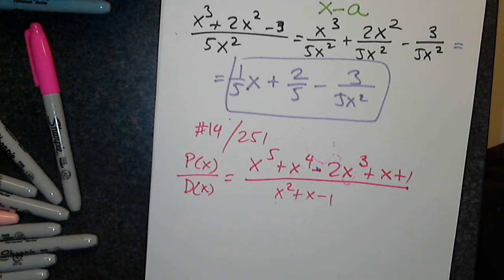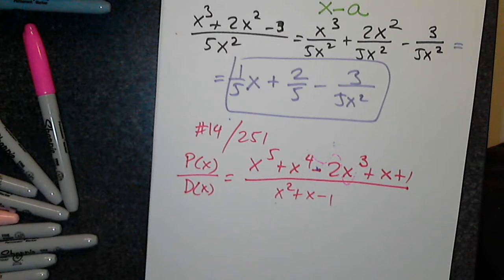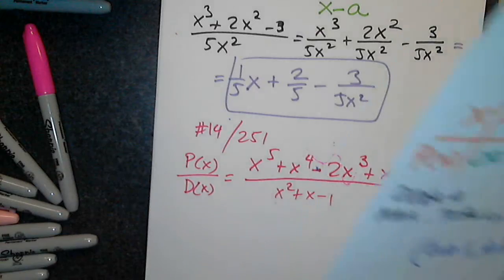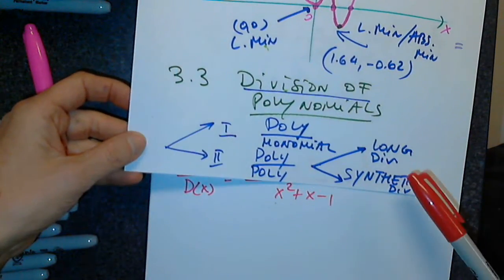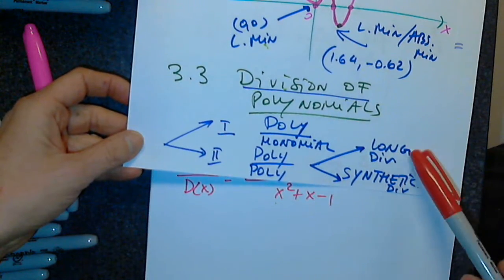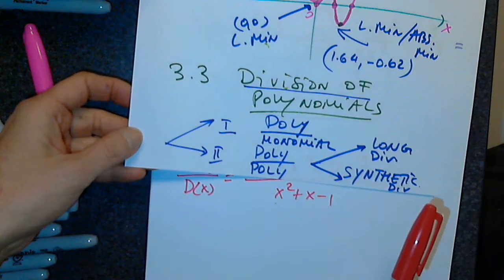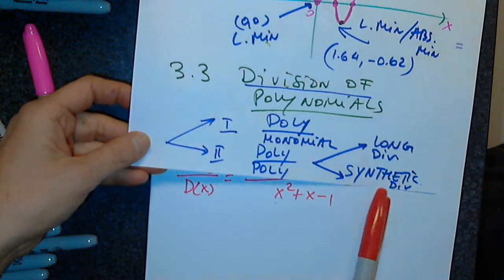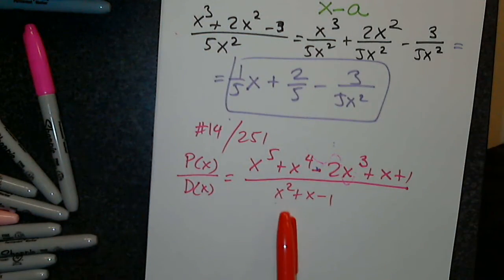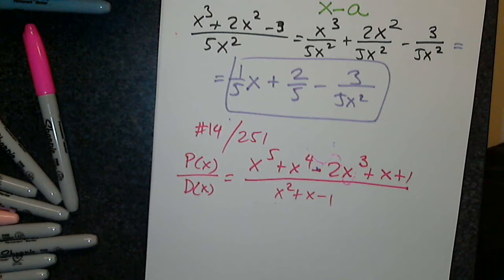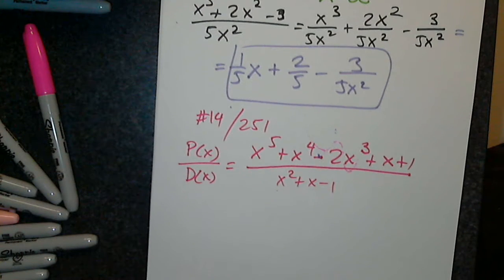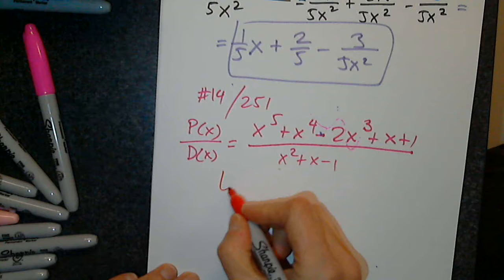Okay. So this is category number 2. It's a polynomial over a polynomial, but is it the one that I can use the long division on? Yes. Can I use the synthetic division on this one? No, because the denominator is not a binomial of degree 1. Perfect. Good. So this is definitely the long division.